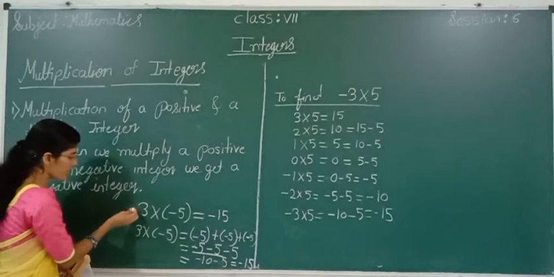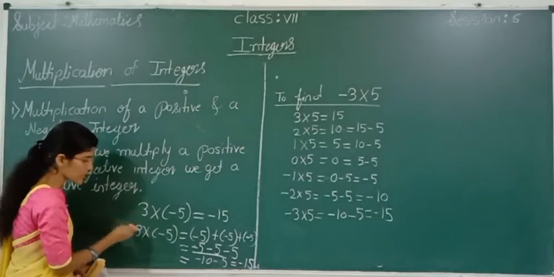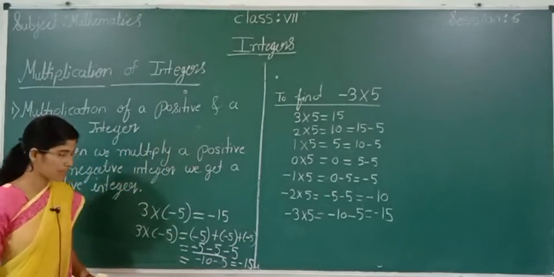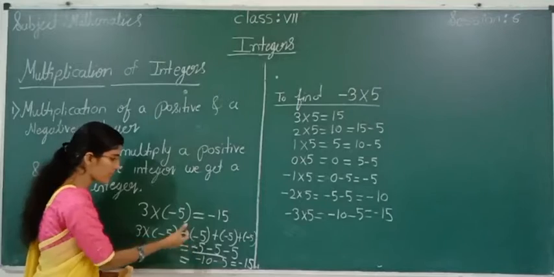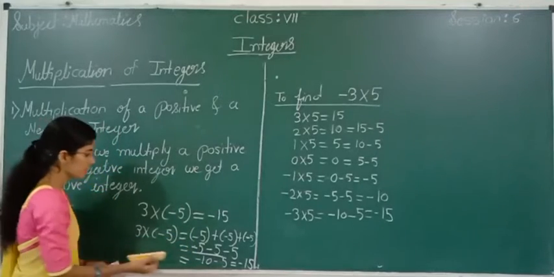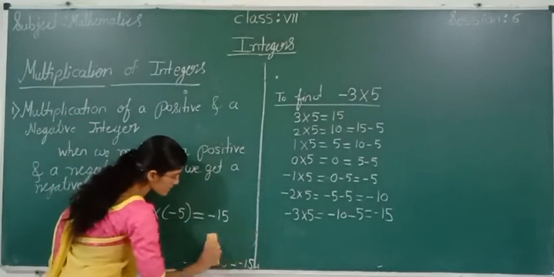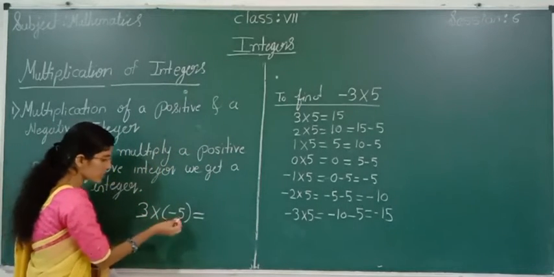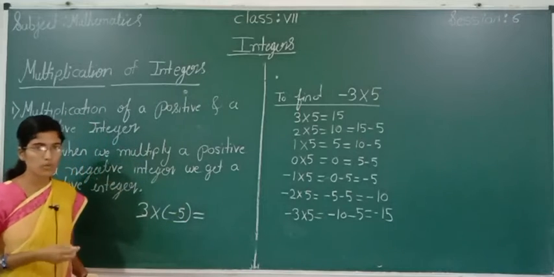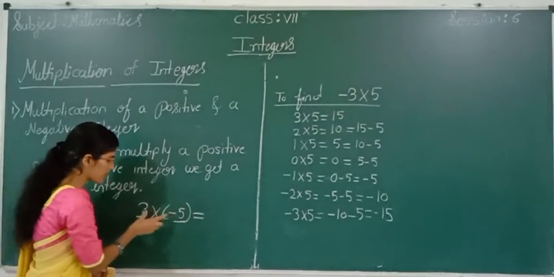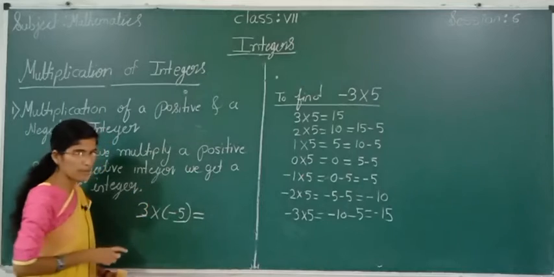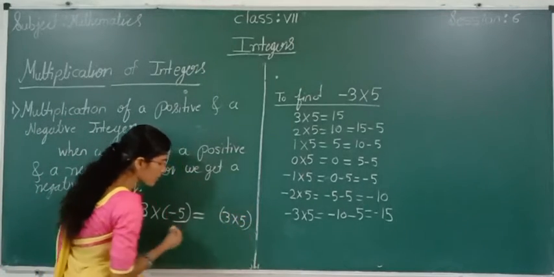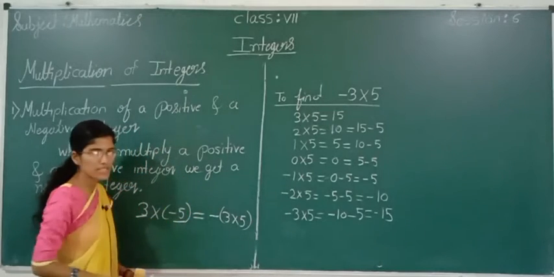Now see here, when we multiply a positive integer and a negative integer, we get a negative integer. Instead of doing it like this, we will try another way. If you are given one positive integer and one negative integer to multiply, you have to multiply the whole numbers, that is 3 into 5, and before the product you have to keep the minus sign.